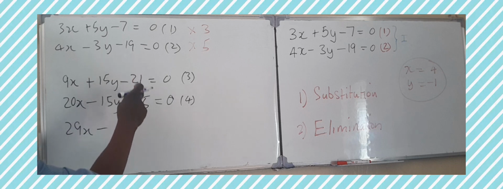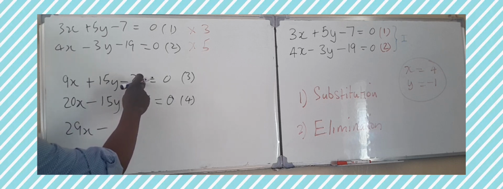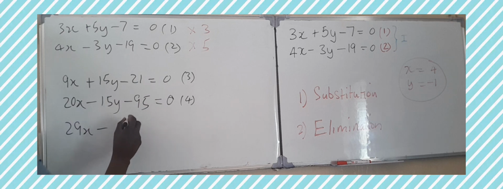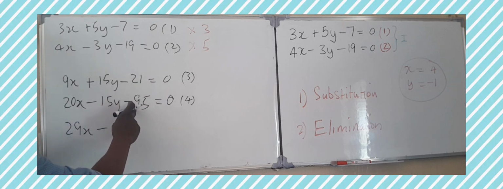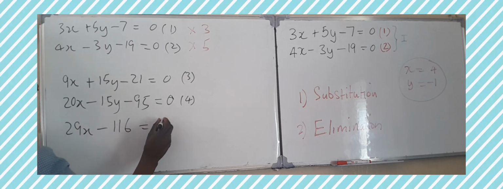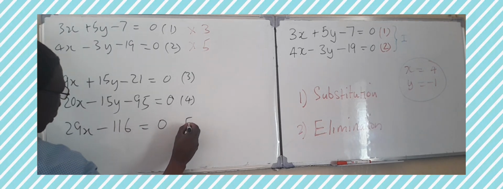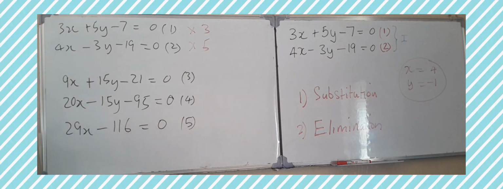Minus 21 minus 95 gives me 1 plus 5 is 6, 2 and 9 gives me 11. So it's minus 116. And here I get a 0. I have created equation number 5, which has destroyed y and left me with an x.